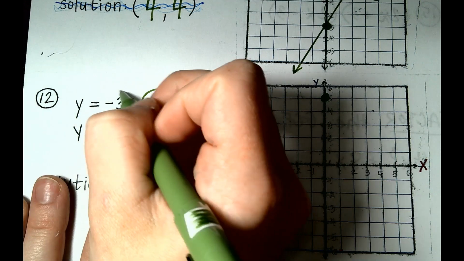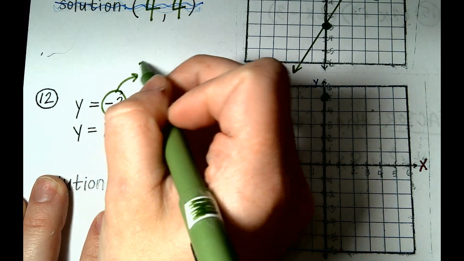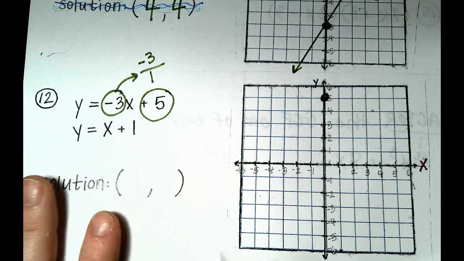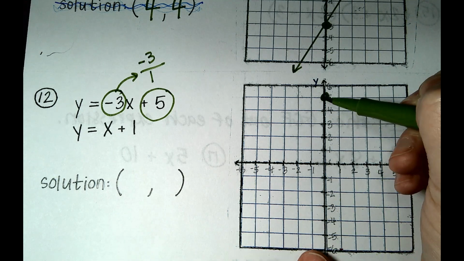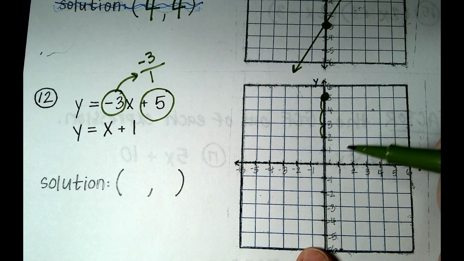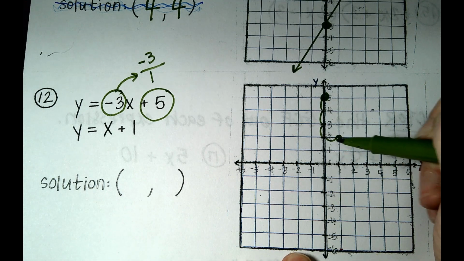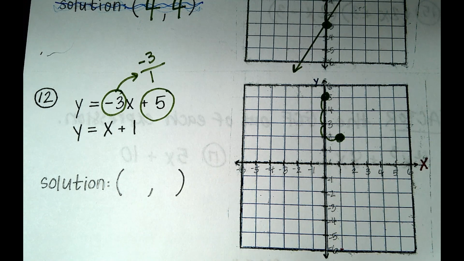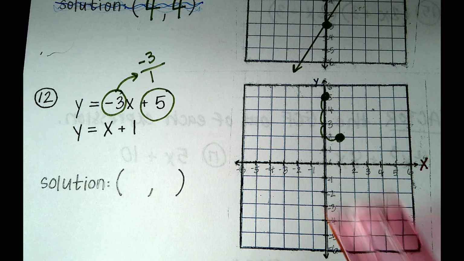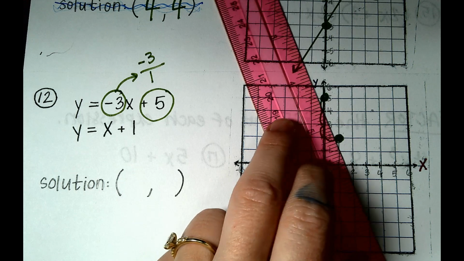Good. Since my slope is negative 3, it's really negative 3 over 1. So we're going to go down 1, 2, 3 over 1. That's my point. And we'll connect the dots.